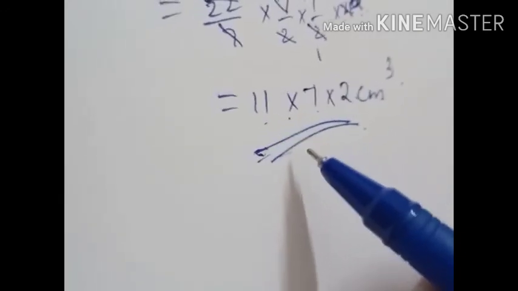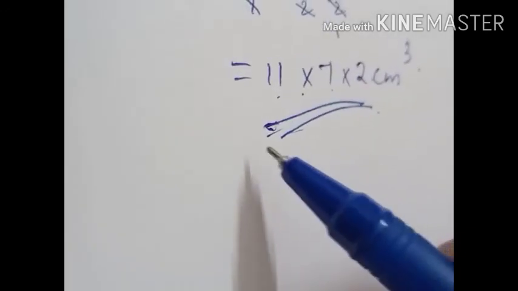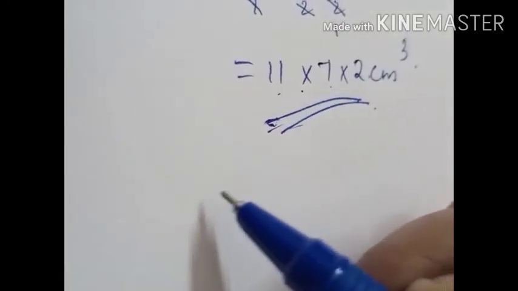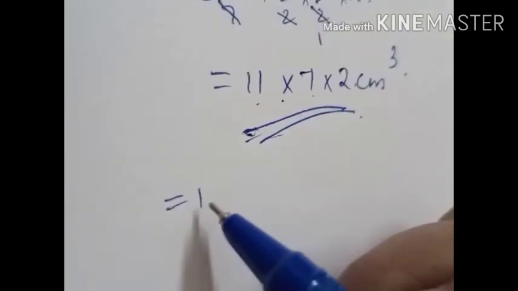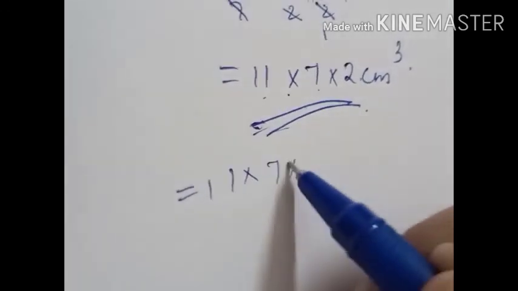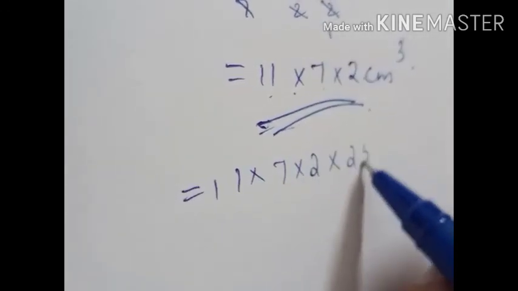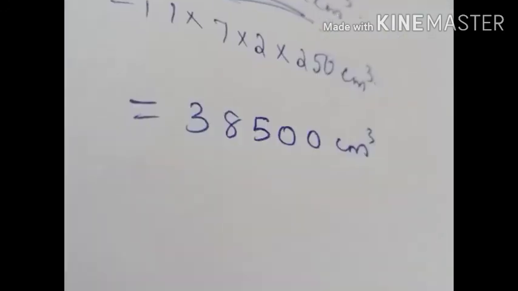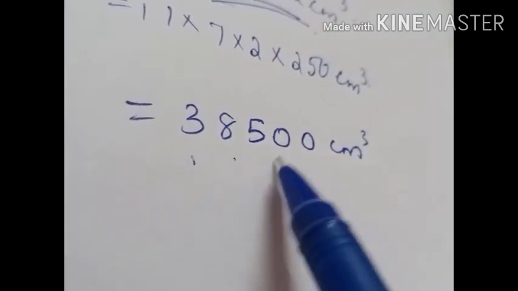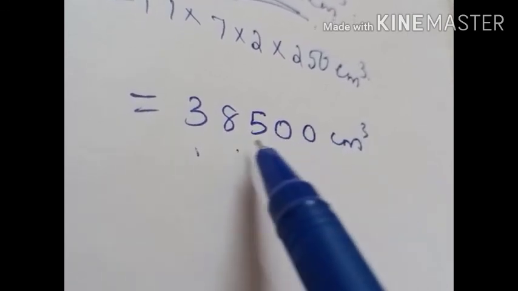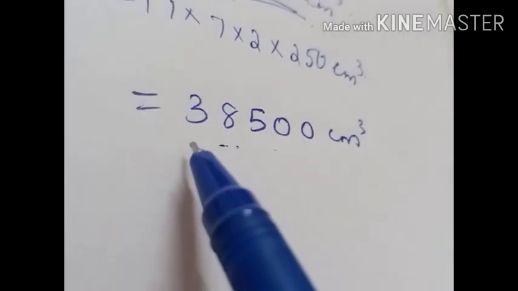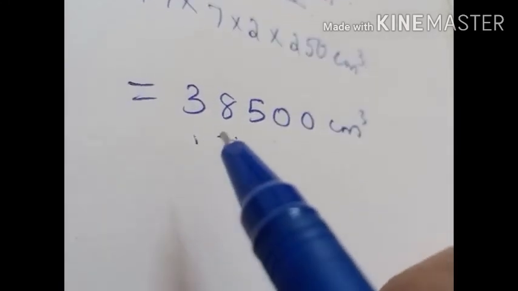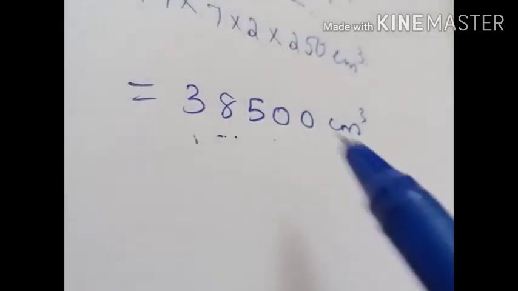Then here we have to find for 250 patients how much soup is required. So we have to find for 250 patients, that is 11 into 7 into 2 into 250. This much centimeter cube. That is equal 38,500 centimeter cube. Here we have to find the quantity of soup, so it is better to write this in liter.